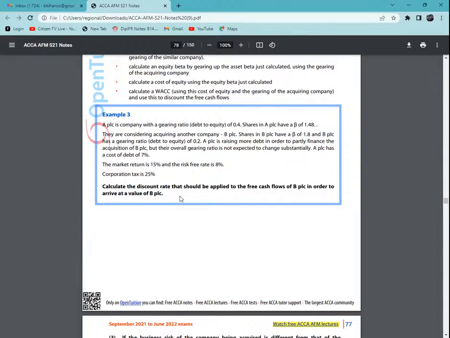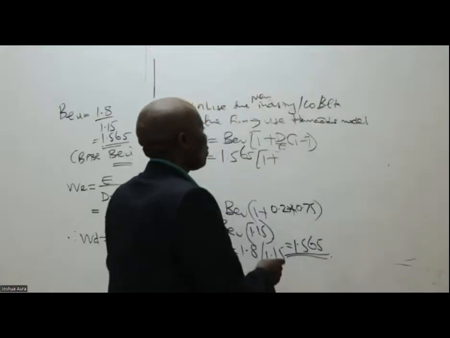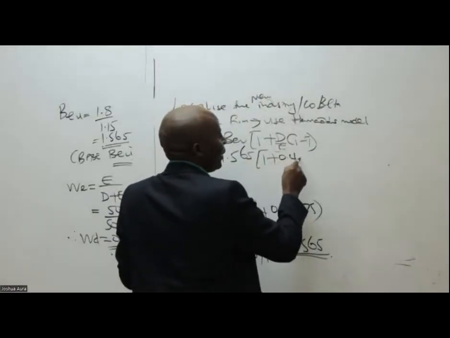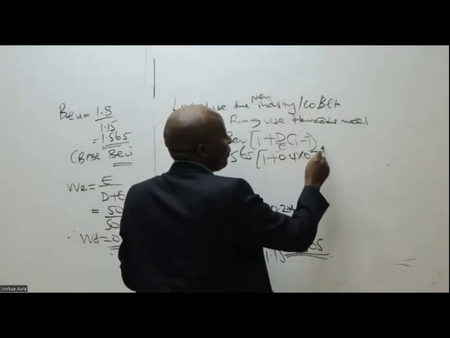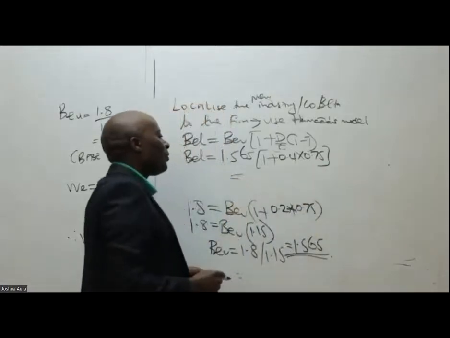Down here, what will be the WACC if the firm is entirely financed by equity? So I know debt there is 0, equity is 100%. Here they never gave us any more information, so we go back to company A, whose debt to equity is 0.4. So we put 0.4 here, and then 1 minus tax of 0.75. Could you kindly give me a figure to use?